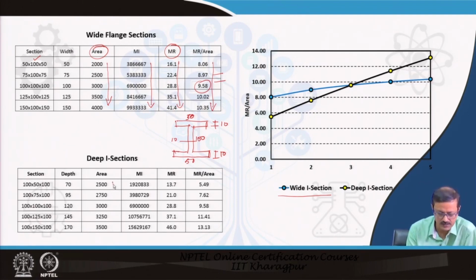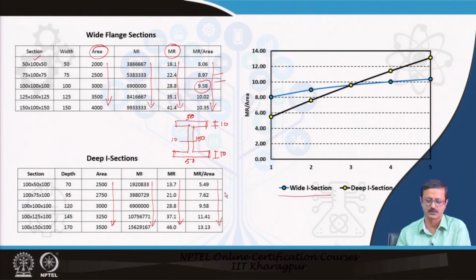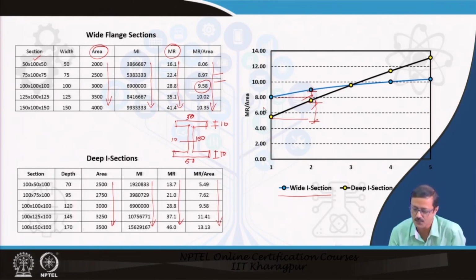Area, which I have calculated, is increasing. Moment of inertia is increasing. MR is also increasing. MR by area is also increasing, but by a considerably high amount. The jump is very high compared to the jump for that, right. Because of the height increasing, this jump is much more, and at some point it overshoots the wide flange sections.